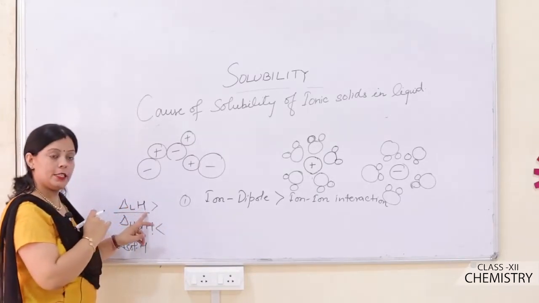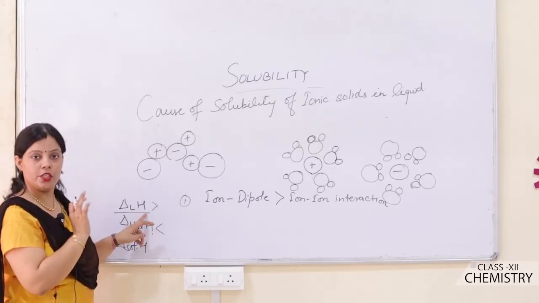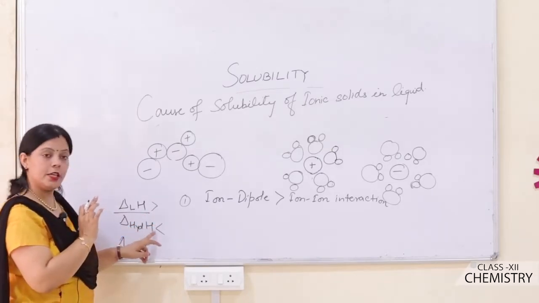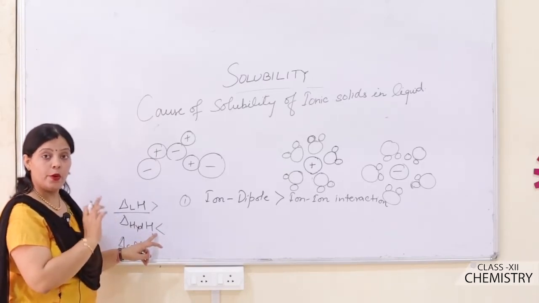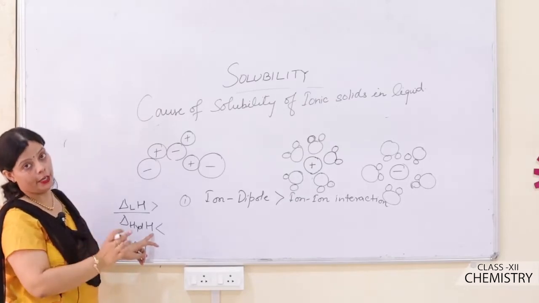The delta LH is the lattice energy. Lattice energy means the amount of energy which is required to break 1 mole of crystal lattice. The delta hydration H is the amount of energy released when 1 mole of solid is undergoing the hydration process.